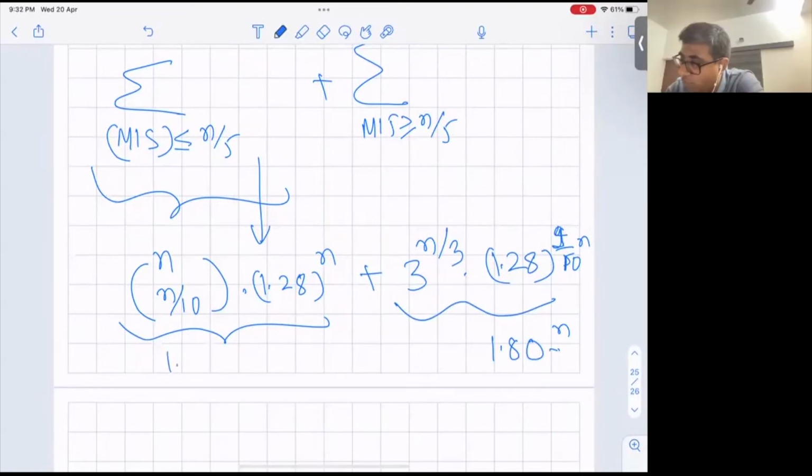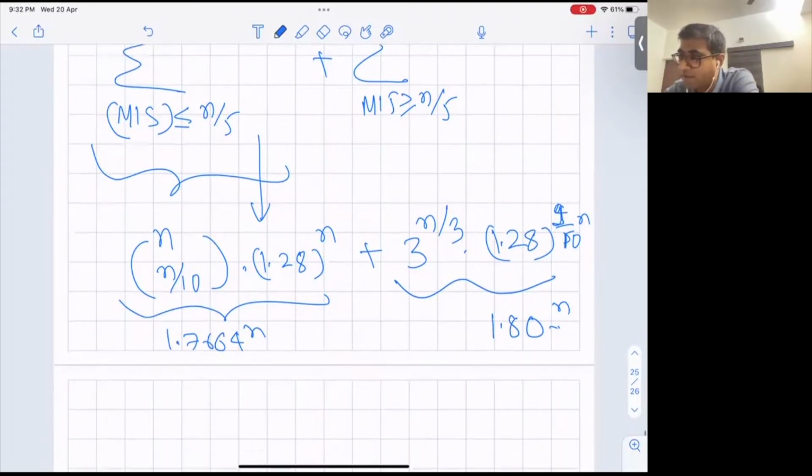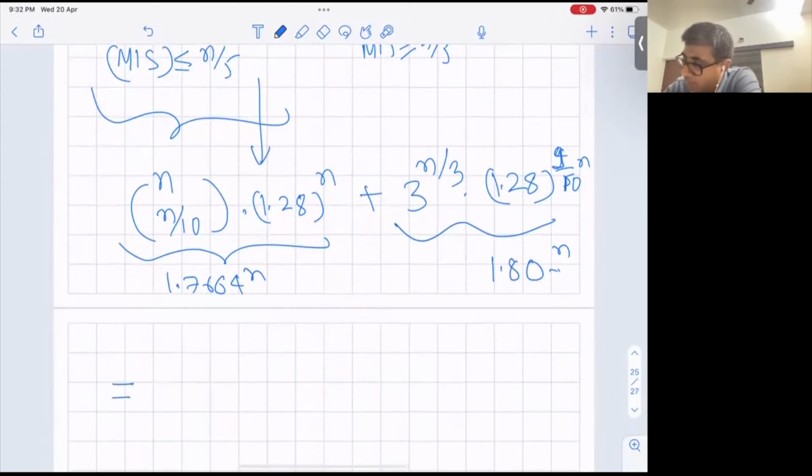This is like 1.7664 to the power n. Okay. So I just wanted to give you proof of concept. I was not trying to optimize anything. So basically, this implies that this running time is 1.80 to the power n.